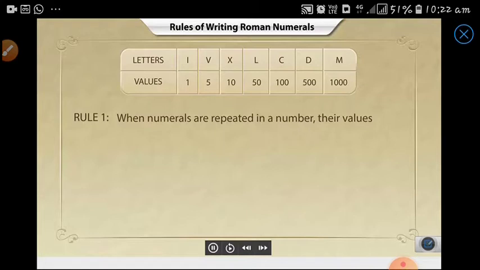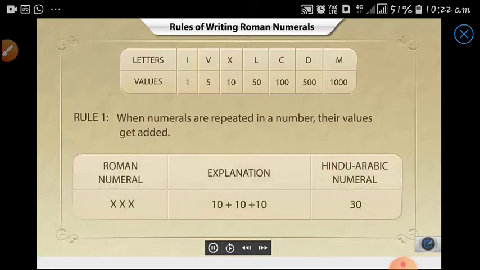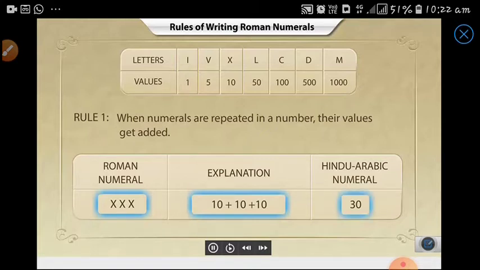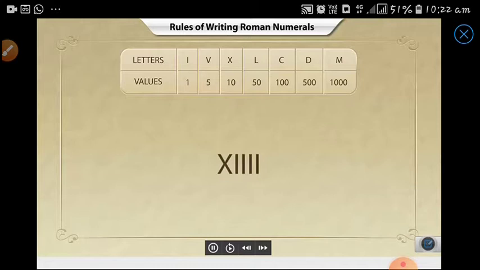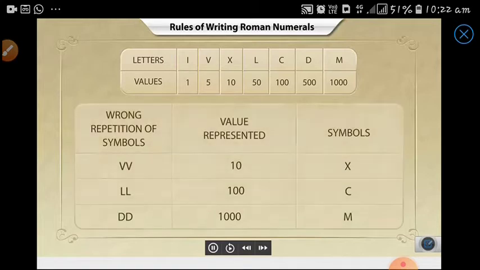When numerals are repeated in a number, their values get added. For example, if we repeat the numeral X 3 times, its value 10 is added thrice to give 30. But remember, you cannot repeat the numeral more than 3 times in any number.